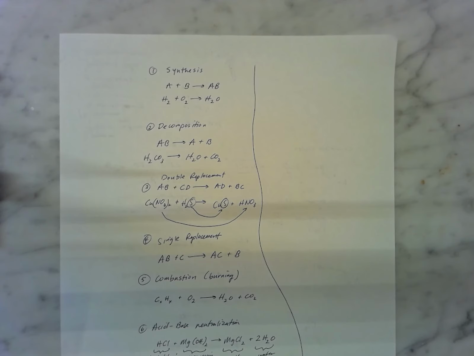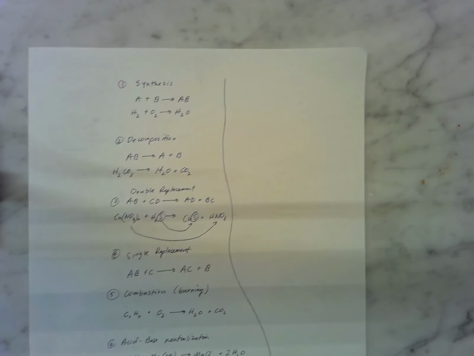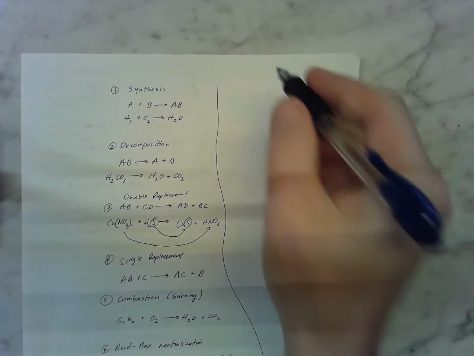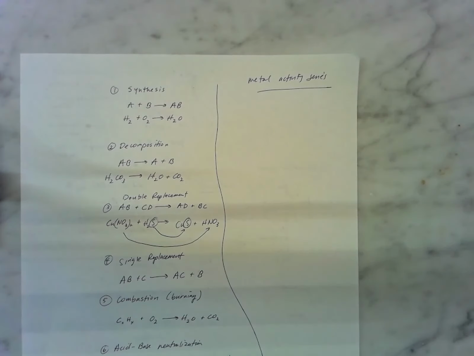Okay? All right. So the metal activity series. All right, you can follow along. Now this is page 181. All right, and so all we're doing is we are looking at metals and figuring out which ones will react and which ones won't.